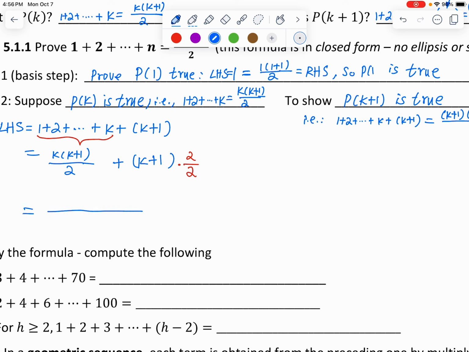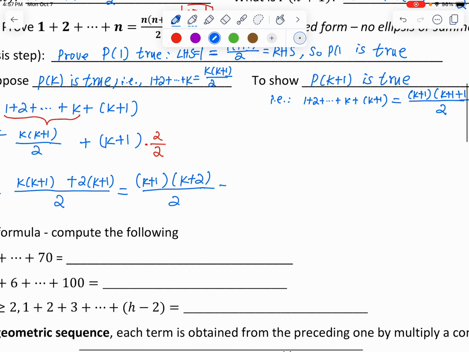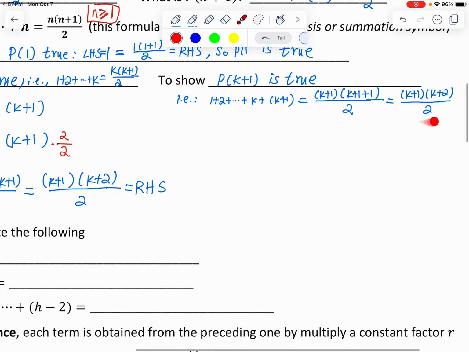This is going to be k times k plus 1 plus the second term, 2 times k plus 1. Do you see that k plus 1 is a common factor? I can factor it out, right? So therefore I have k plus 1 times k plus 2 left. Now, isn't this the right-hand side of what we want to prove? That's exactly the right-hand side of what we wanted to show.